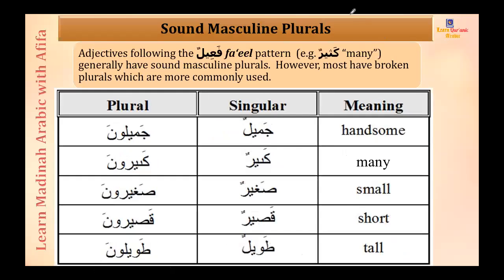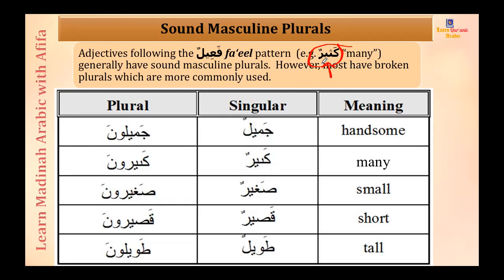All right. Now we will study adjectives in much further detail down the line, but just to give you an example, this is a very common form of an adjective with a ya in it, in this form, fa'il. This is the pattern where the ya is denoting kathir over here. Most of these have the ya in there, right? This is showing a form of adjective that is very commonly used.